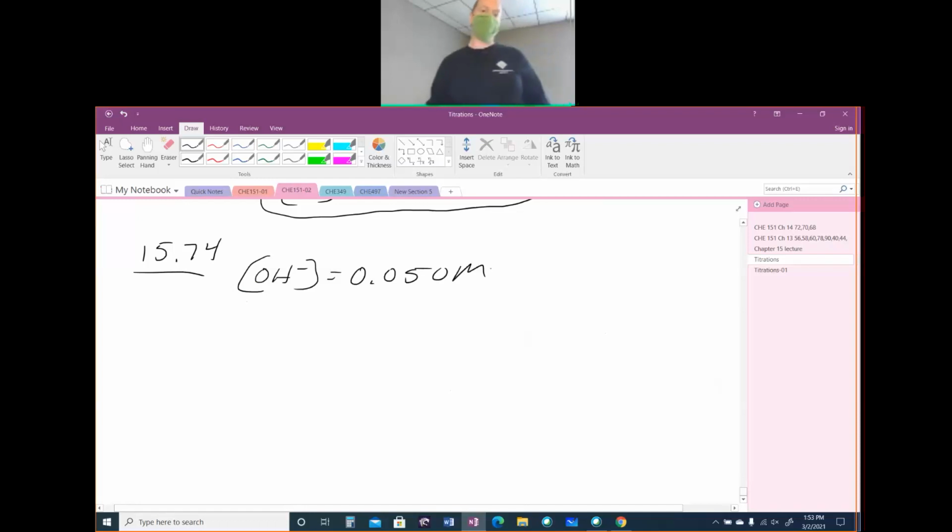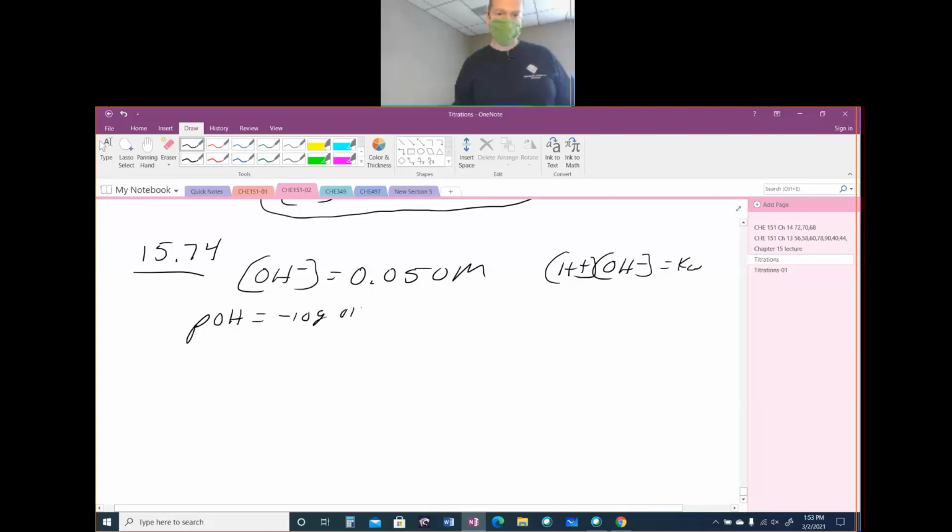All right, so this time, instead of using the H plus and the OH minus equaling Kw, which you can do, we already did it that way, I'm going to go to my POH. And so the POH is equal to the negative log of your OH minus concentration.